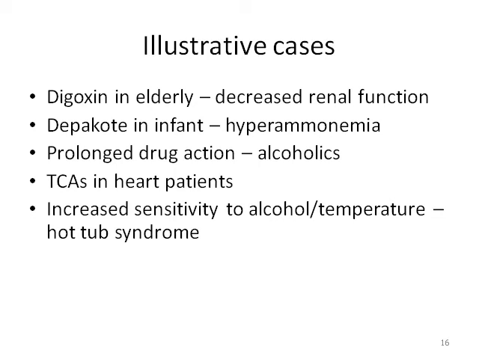For example, in the elderly, digoxin is a drug that is used for treating arrhythmias and congestive heart failure. One of the things that we know is that as you get older, your renal function decreases, and digoxin is excreted through the kidneys, so elderly patients may be more susceptible to toxicity.